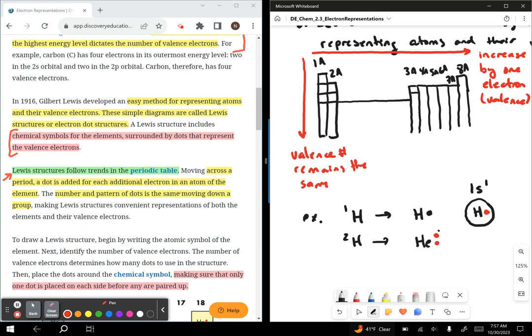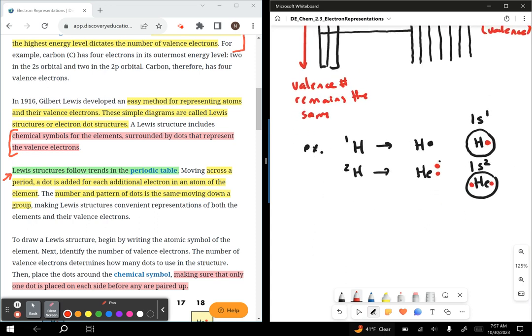They're occupying the same energy level. So we have 1s2 for helium. And so we draw our sphere, and what we're doing is we're showing that inside that 1s shell, you have 2 electrons.